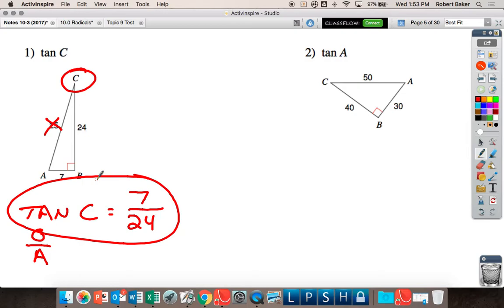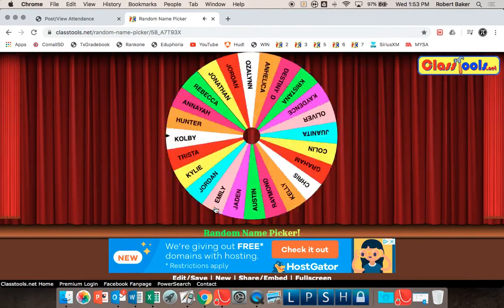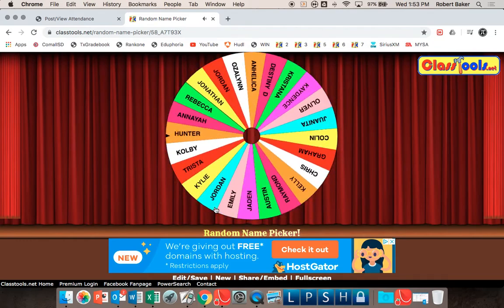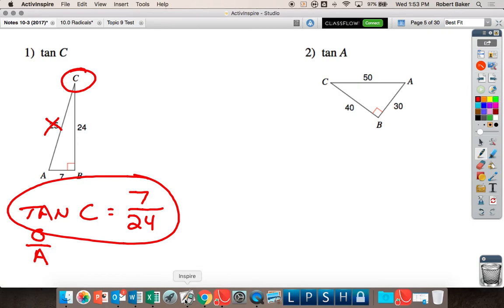Did it finally click for somebody? A little better? I hope, because the wheel's about to pick you. Emily. We're trying to do the tangent of A. So we're at this angle right here. The tangent of A. Remember that tangent does not use a hypotenuse.